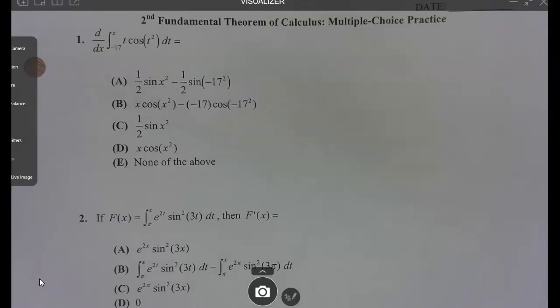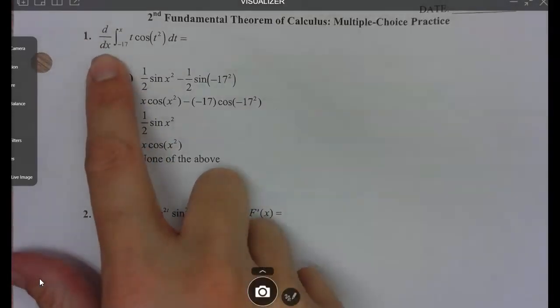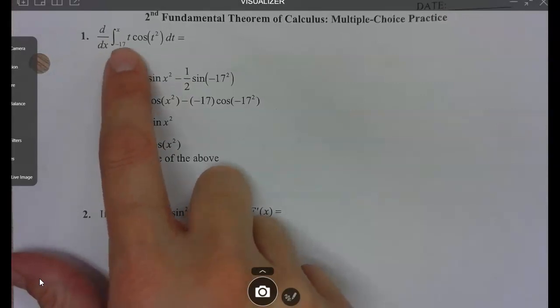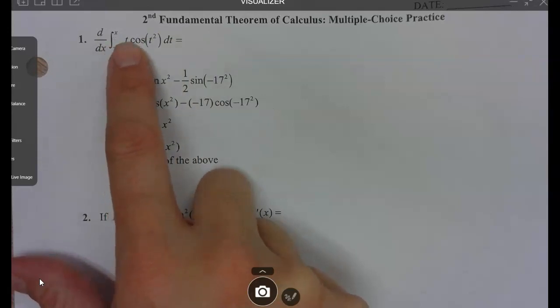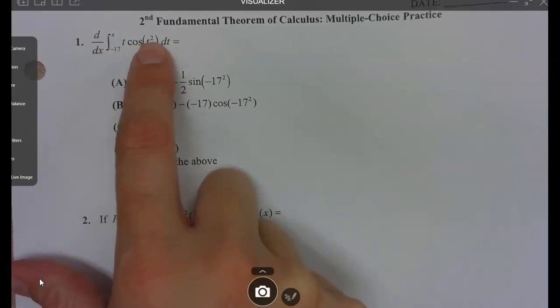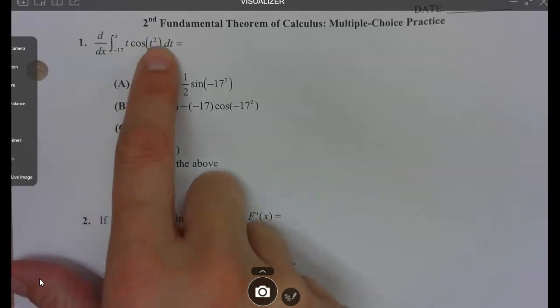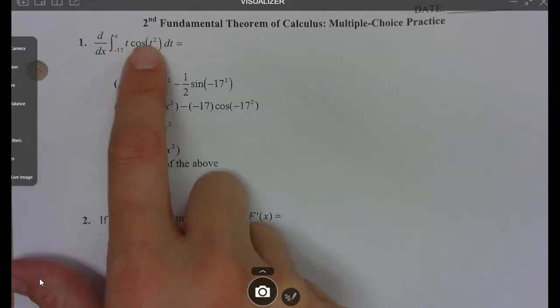In this first multiple choice problem, we have the derivative of the integral. Remember that the derivative of the integral is like inverse operations. So if you were to actually integrate that, you would end up with the antiderivative of this with x, and then the antiderivative with -17 plugged in. So that -17 plugged in would become a constant.